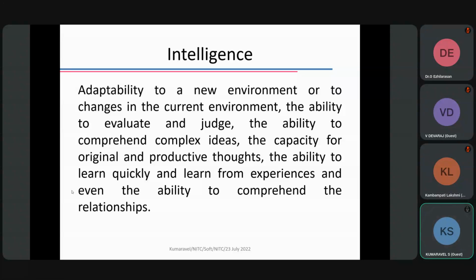So in an intelligent system, sometimes the thought may be original. That is actually one of the threatening factors as far as intelligence is concerned.